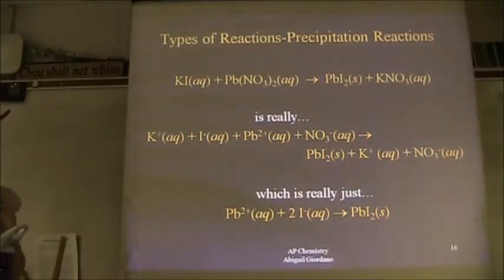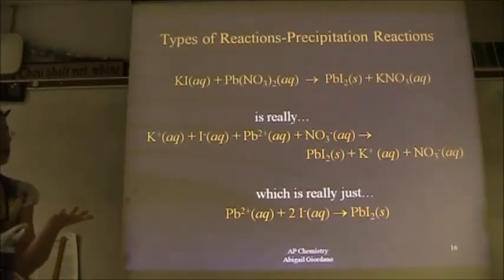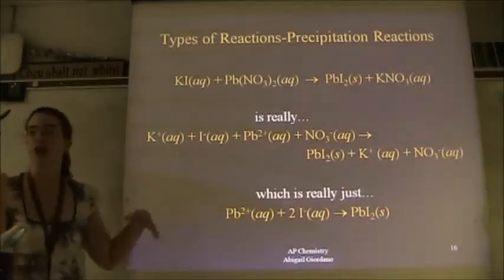But guys, tell me this. Think about your math classes. If you have a fraction and something in the numerator and denominator are exactly the same, what can you do? Cancel it out. Well, guys, chemical equations are very similar.